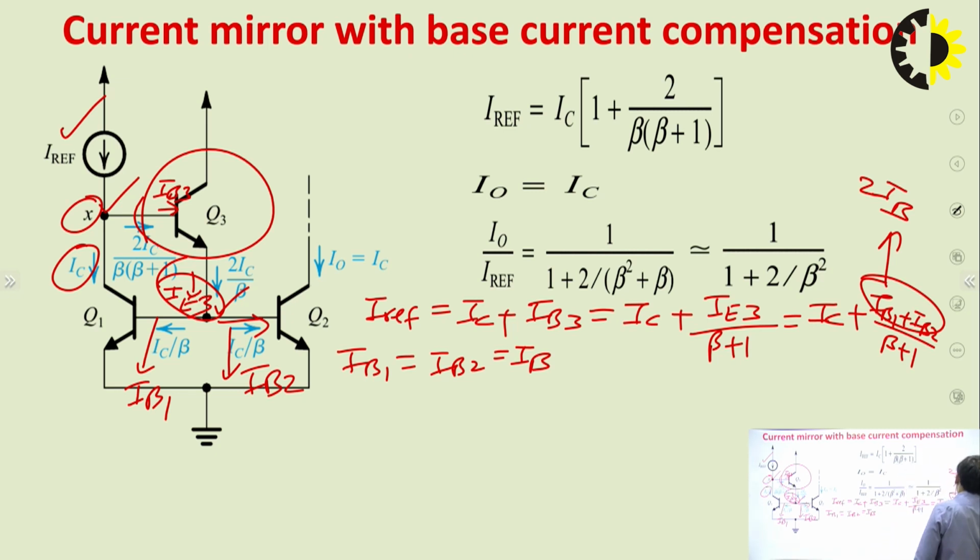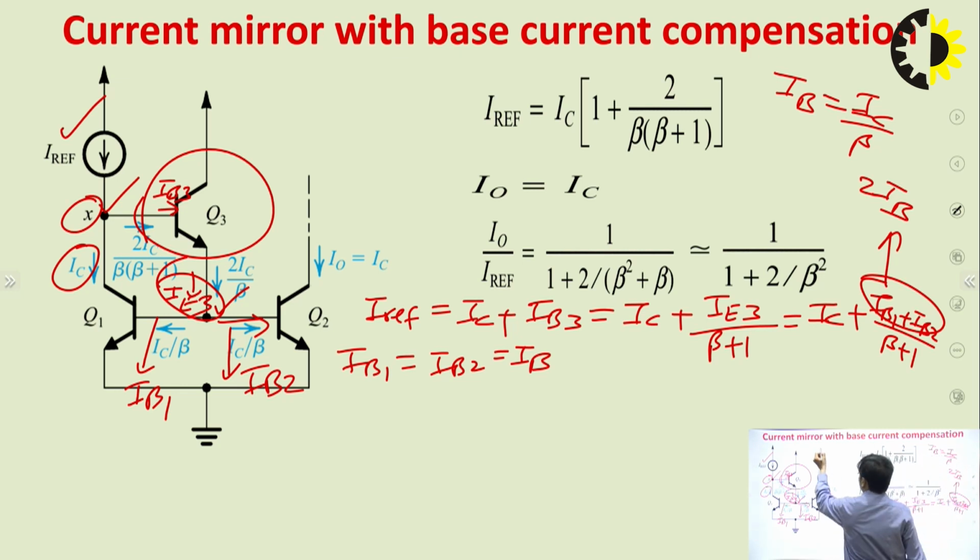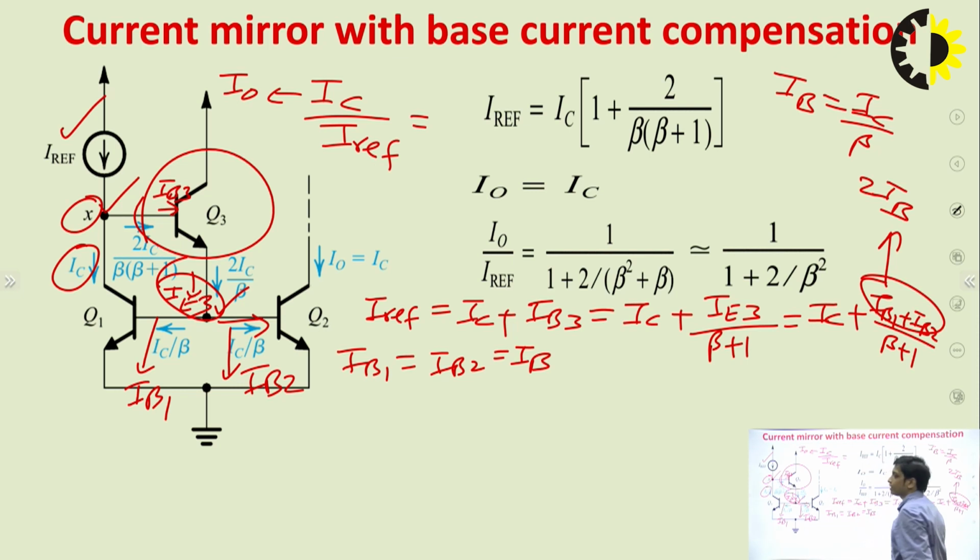Now further, we can write IB in terms of IC. So IB is equal to IC by beta. After that, take IC common, and you can find the relation between IC and I reference, and of course this IC is equal to I0, because this is a current mirror.